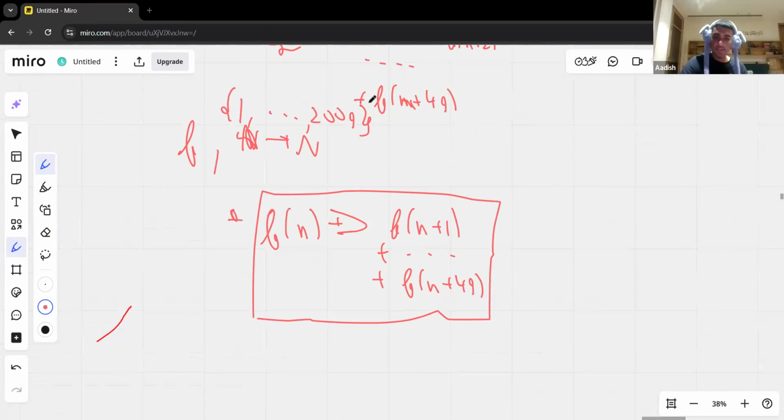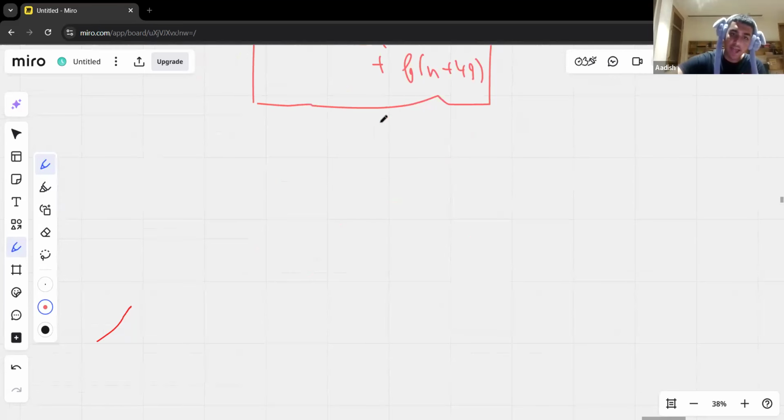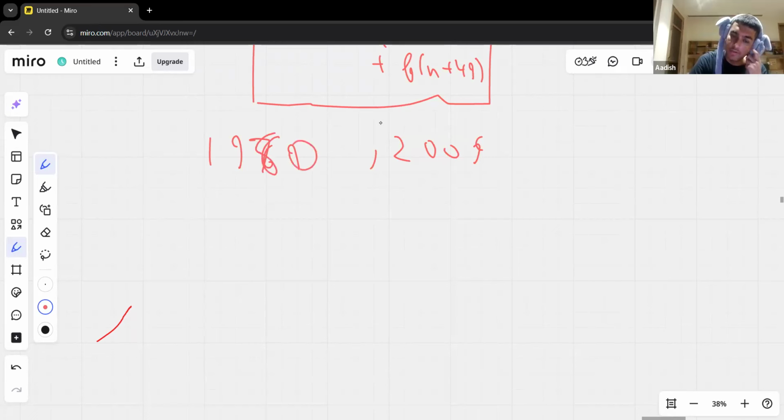At this point, we can just make a function. We just need a function defined on 1 to 2009, right? Start at 2009, what's 2009 minus 50? It is 1959.